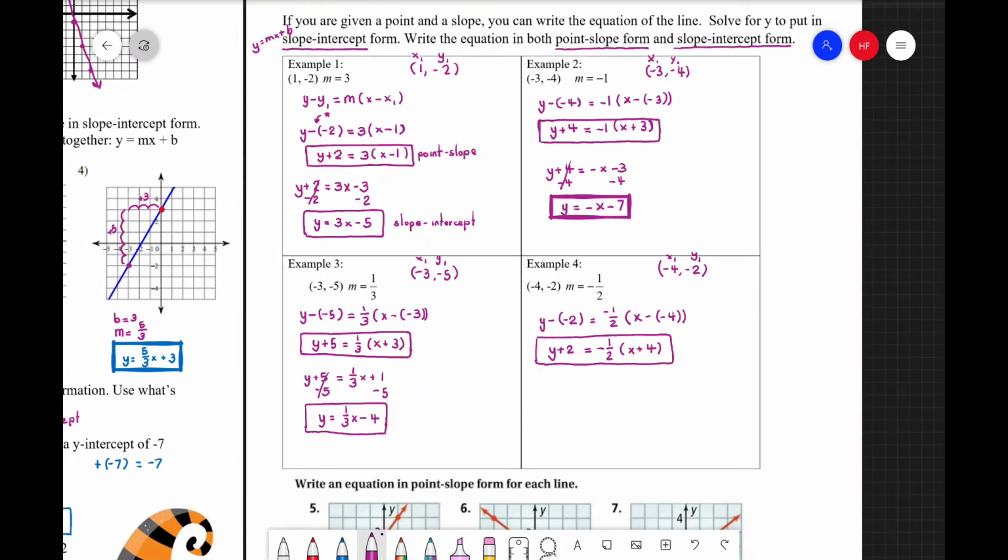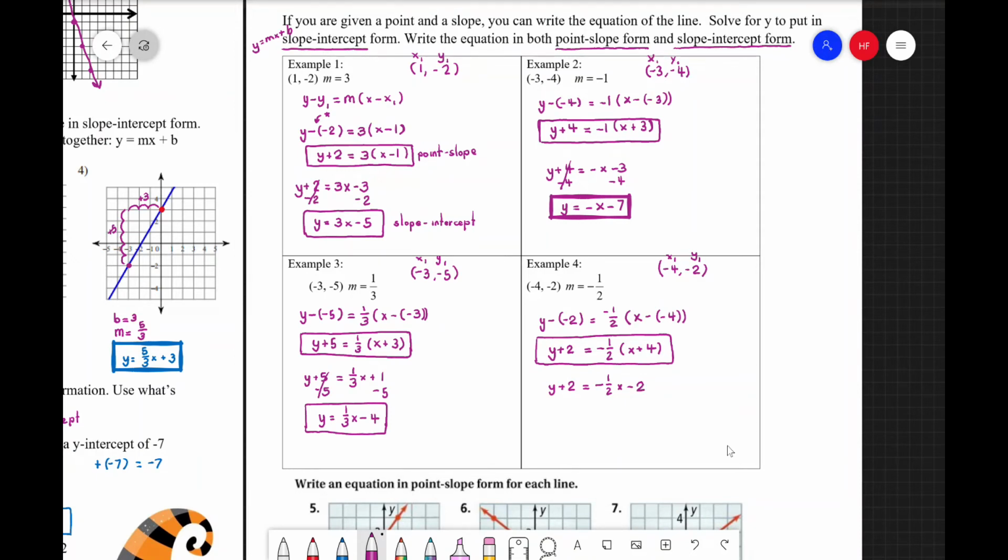And then I'll solve that for y to get my slope intercept. Y plus 2 equals, and then I'm going to distribute. Negative 1/2 times x is negative 1/2 x. And then we've got negative 1/2 times 4, which is the same thing as saying, what is half of 4? Which is the same thing as saying 4 divided by 2. 4 divided by 2 is 2. So we have negative 2.